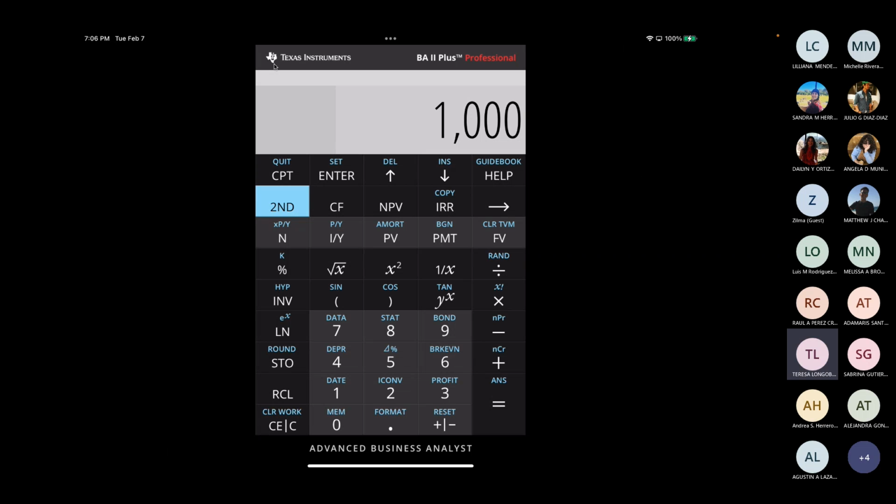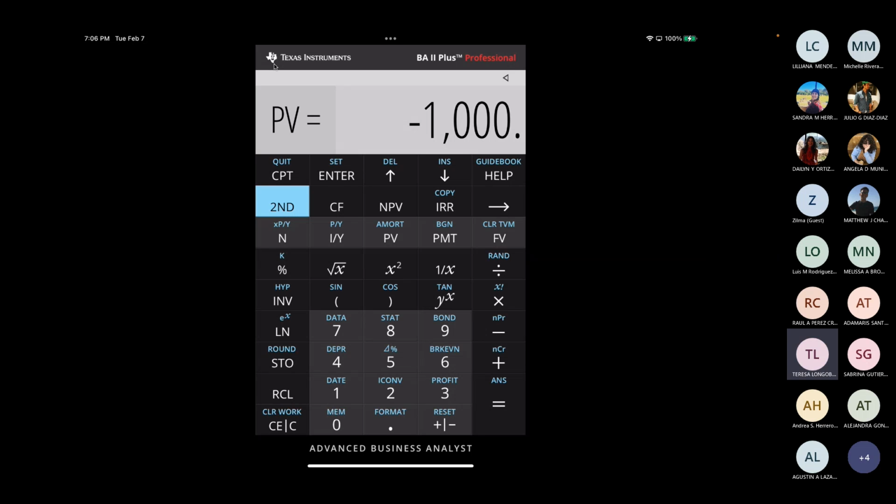So it's either a revenue, a positive cash flow, or it's an expenditure, a negative cash flow, or it's an investment, a negative cash flow. In that moment, it is seen as a negative cash flow that I'm investing in this opportunity. So there's my negative 1,000 and I press present value.